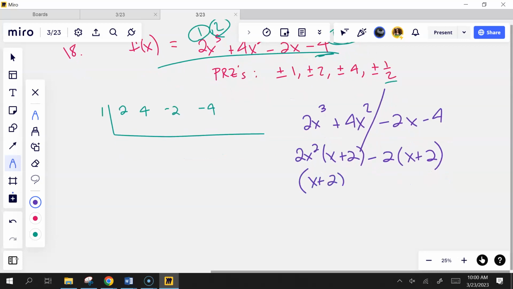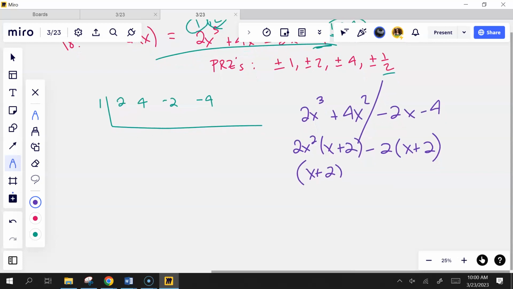Okay, so PRZ, remember what the quadratic formula was in the quadratic unit? It was your last resort. If nothing else worked, you could always use the quadratic formula. That's what PRZ is. If nothing else works, PRZ it, because then you can get it factored. So it's kind of a last resort.